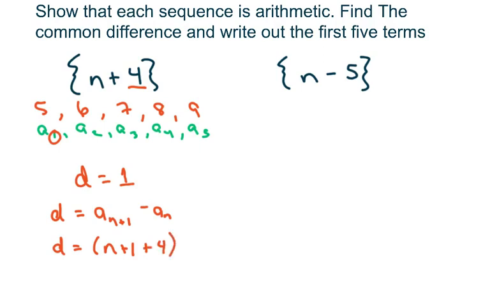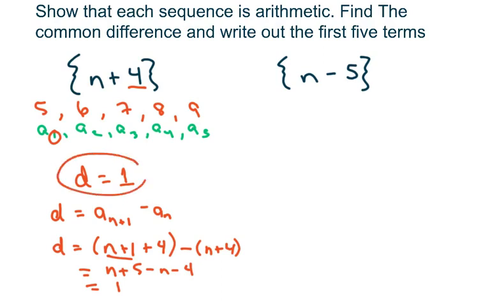So it's your n plus 5, your next term, minus your current term. And that gives you n plus 5 minus n minus 4, which gives you 1, which we found this way.